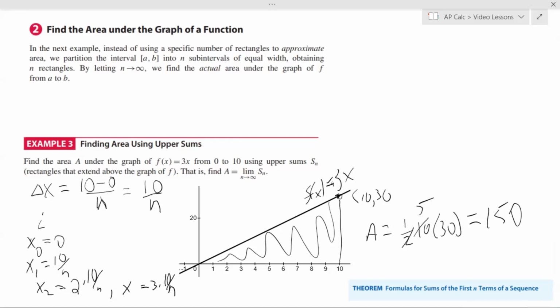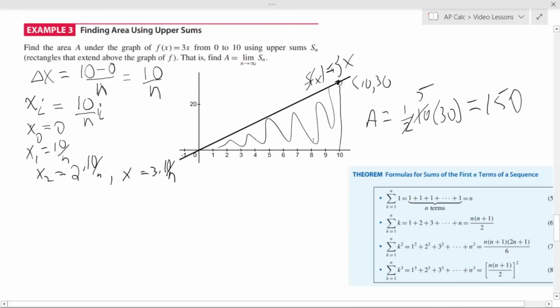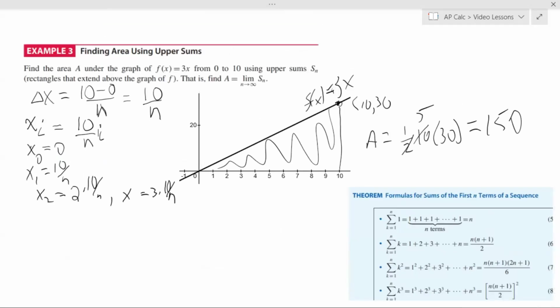So if I want to go to the fifth rectangle, I would have to do delta x 5 times, so 10 over n times 5, and so forth. In general, the ith x value is going to be 10 over n times i. Okay? So keep track of all that because it's going to all come together in a second here.